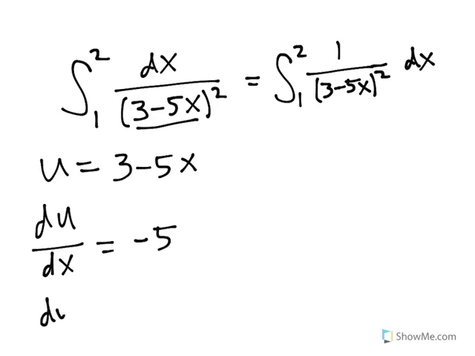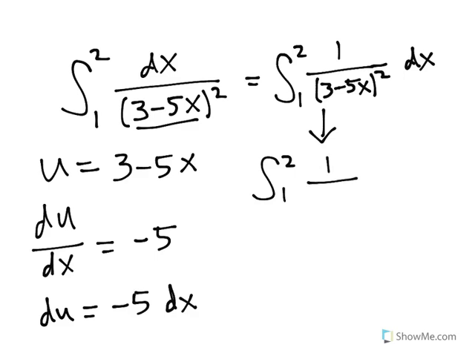So get du all by itself, and this means we have something like negative 5 dx on the right side. And I'll remind you that you might want to consider relabeling some of this stuff. Let's go from up here. We could relabel this as the integral from 1 to 2 of 1 over u squared.